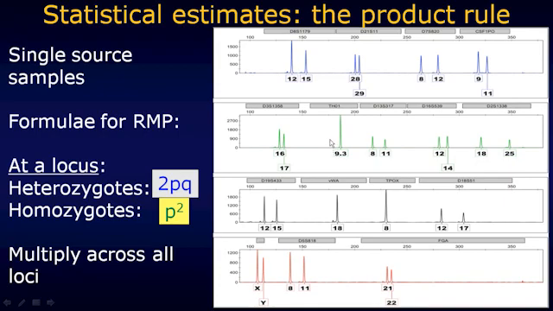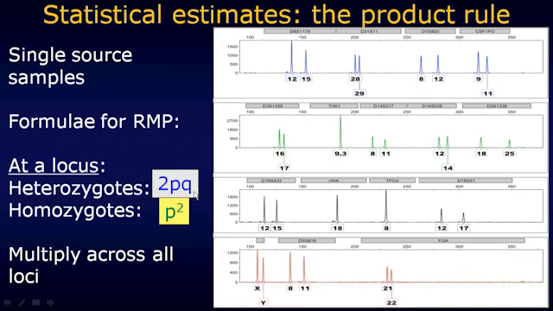We're going to use two different math formulas for the heterozygous loci and the homozygous loci. Let's talk about heterozygous loci first. At those loci, the formula that's going to be used is simply 2 times P times Q. Okay? So at any locus where the individual is a heterozygote, we're going to invoke 2 times P times Q. You're probably wondering, what are P, what are Q?